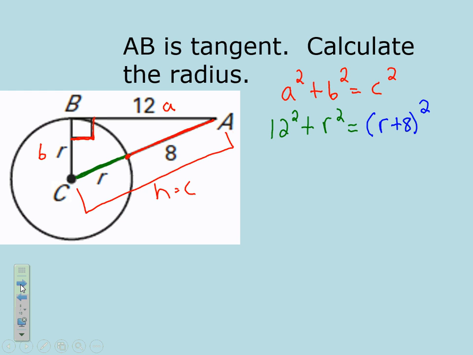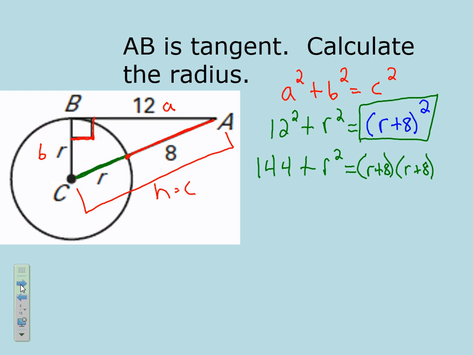Now, before I get too crazy, 12 squared is 144 plus r squared equals. When I have something like this, ladies and gentlemen, squared means multiplied times itself. So I'm going to have (r plus 8) times (r plus 8). That's what r squared means here. In order to solve this, I'm going to have to distribute this side before I do anything with my other side.